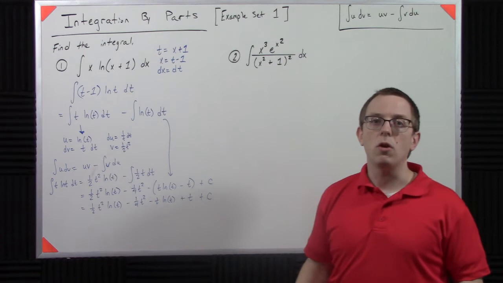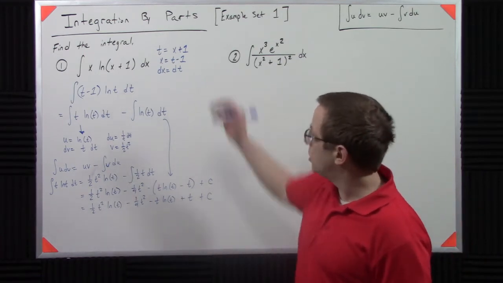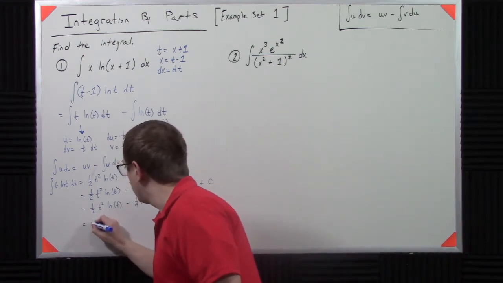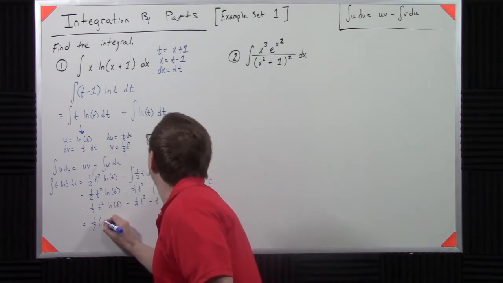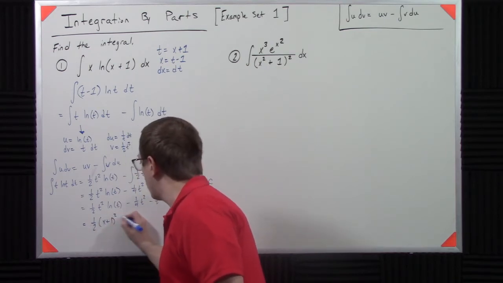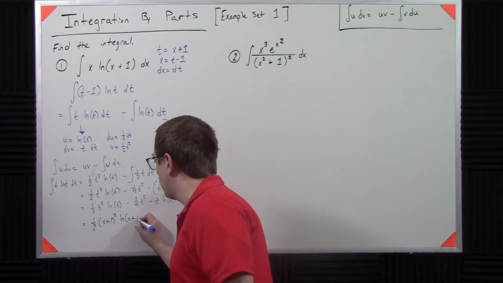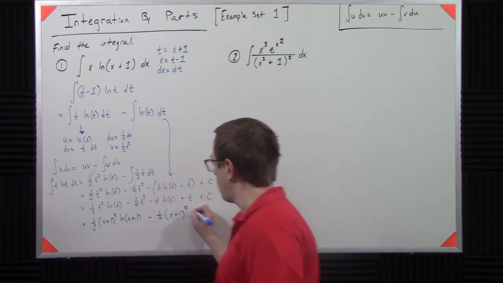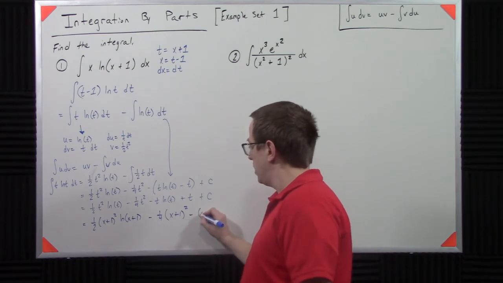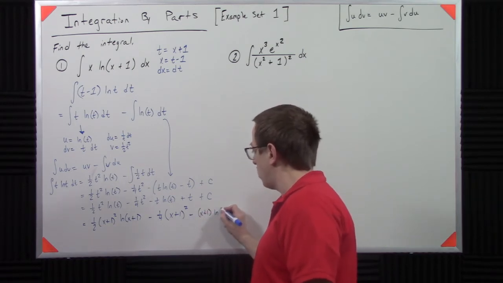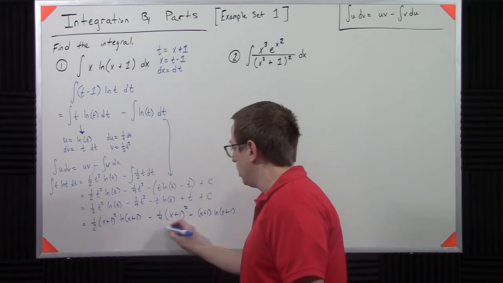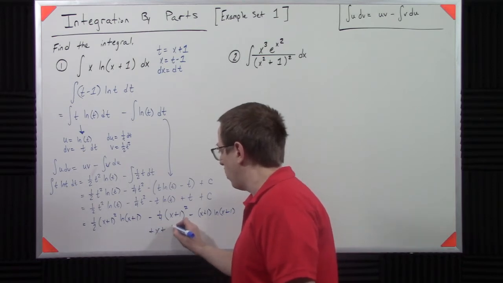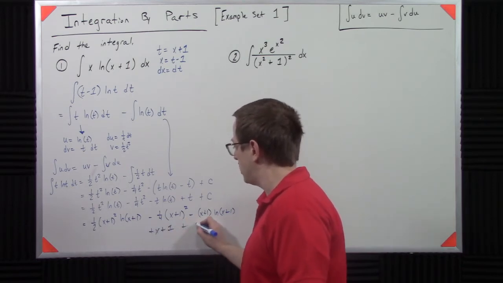But we didn't start in t's, we started in x's, so we get 1/2 (x plus 1) squared natural log of x plus 1 minus 1/4 (x plus 1) squared minus (x plus 1) natural log of x plus 1 plus (x plus 1) plus c.